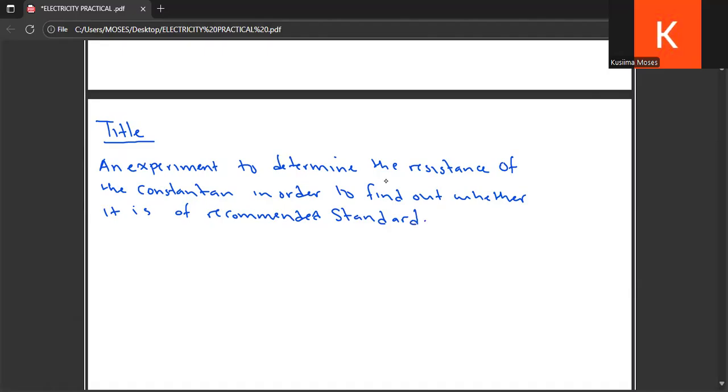This is going to be our title. The title must capture the aim. It must also capture the purpose of the experiment. Why are you doing that experiment?